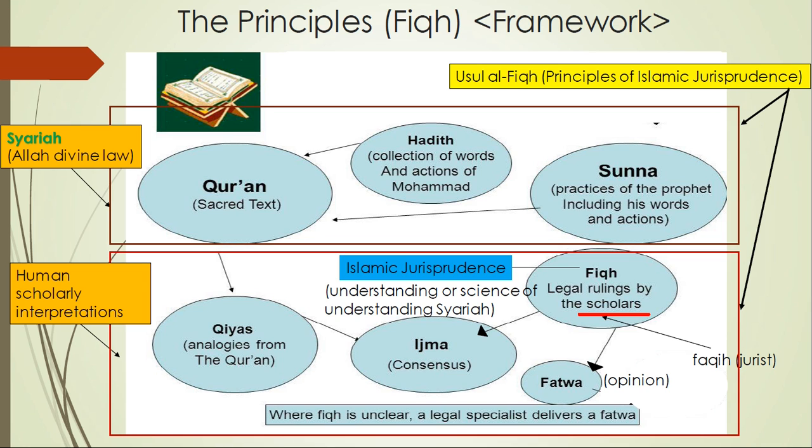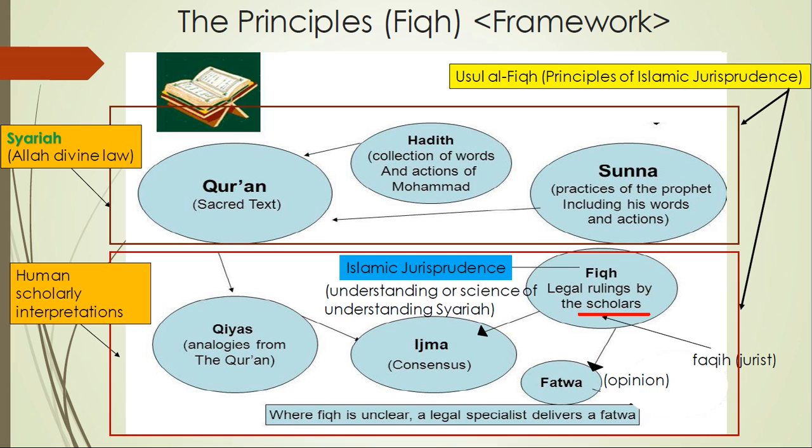Say, for example, COVID-19 right now, the consensus of the whole ijma, the people or scholars in Malaysia, decided that Salat Jumaat is to be postponed. And we have this fatwa, yeah, after consensus, normally they will come up with a fatwa, meaning opinion.